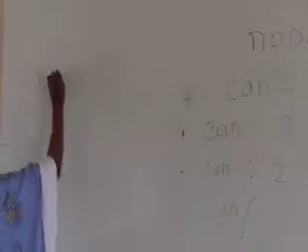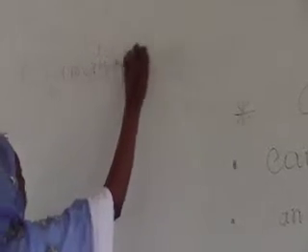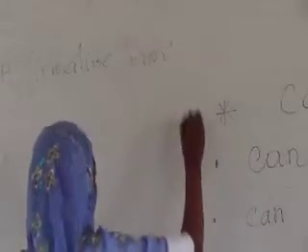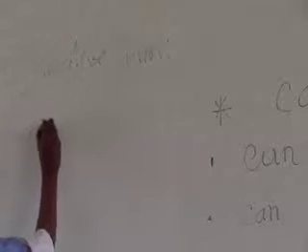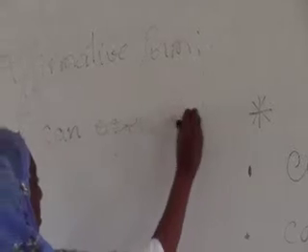If I say, I can open the door, this is the affirmative form. Okay? If I say, for example, I can open the door. This is affirmative.